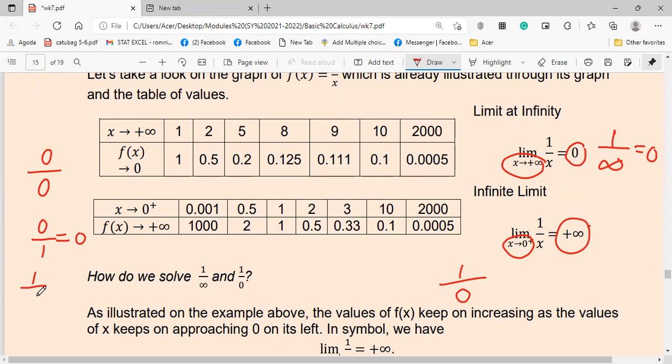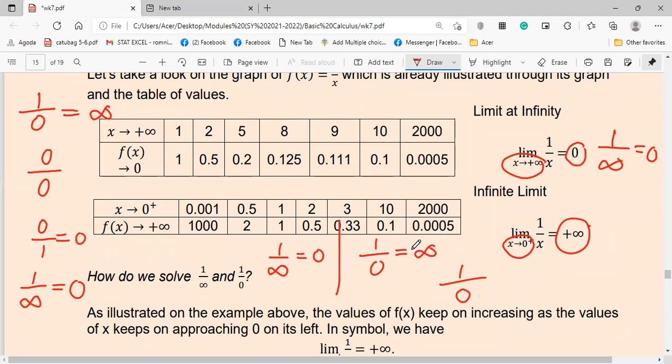We just had a quick lecture of 1 over infinity that gives you 0. Paano naman daw kung magkaroon ka ng 1 over 0 na form? Ano ang sagot nito? Class, ang sagot nito, infinity naman siya. Okay? Ang 1 over infinity ay 0. Samantala, ang 1 over 0 ay infinity. Isn't it interesting? So how do we solve this? 1 over infinity and 1 over 0.